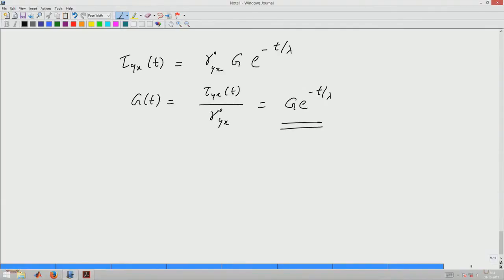On the other hand, if I apply very large deformation, then the relaxation modulus will be a function of time and also a function of the strain which is being applied. The overall relaxation modulus can be split into 2 functions, one which is a function of time and another one which is a function of strain, and this is called time strain separability.